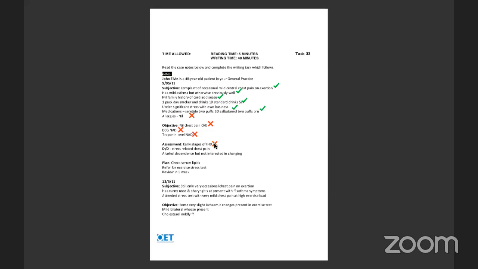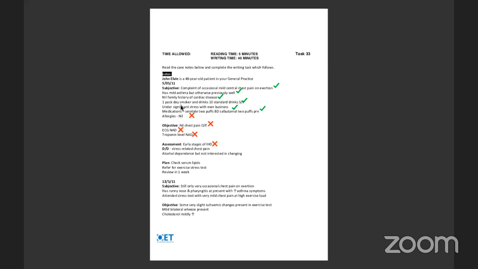So you can write Mr. Elvin presented to the general practice on 5/5/2011, complaining of associated mild central chest pain on exertion. He has a history of mild asthma for which he takes Seretide and salbutamol inhalers, which is over here. So you can join this over here. He smokes one pack daily and consumes about 10 drinks 5/7, or 5 days a week.